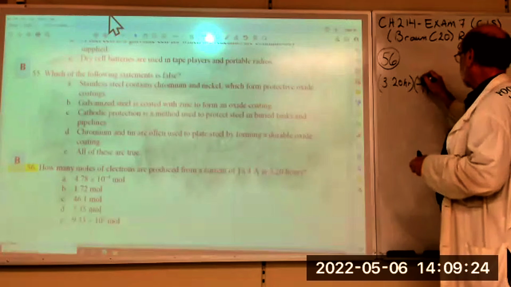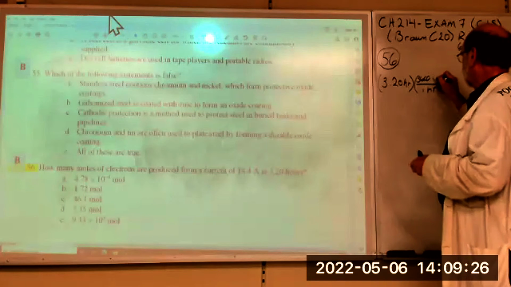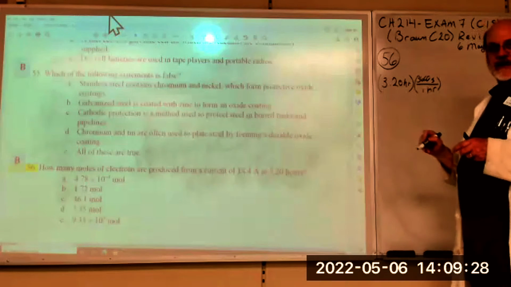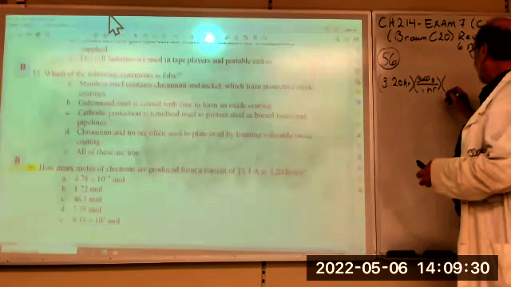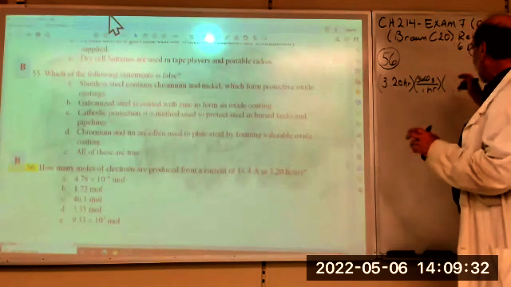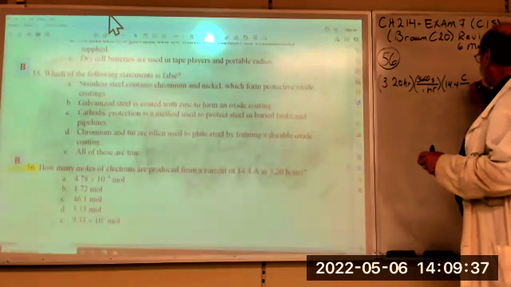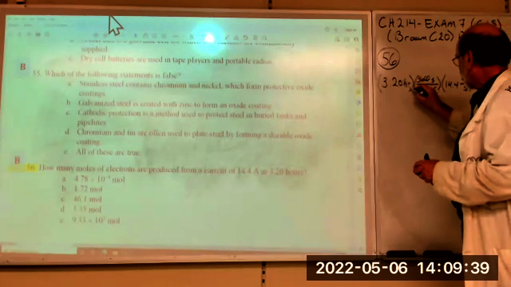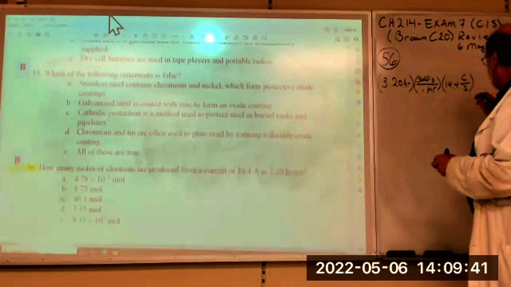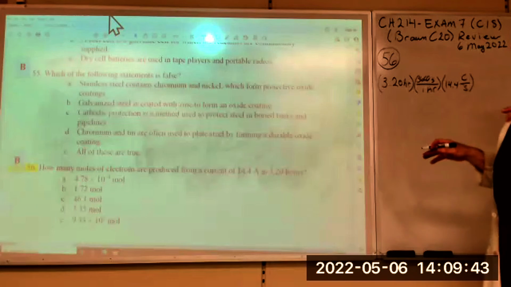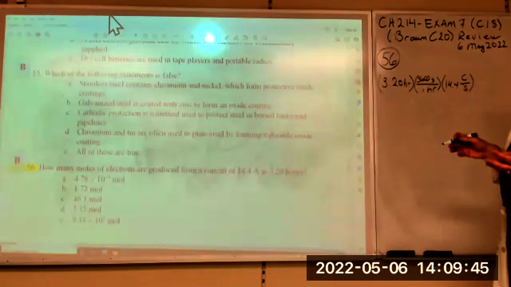How many seconds in an hour? 3,600. Right? 60 times 60. So we got seconds. Now we need amps, which is 14.4 coulombs per second. So we got the hours canceled, the seconds canceled. Now we know the total charge that's being transferred.